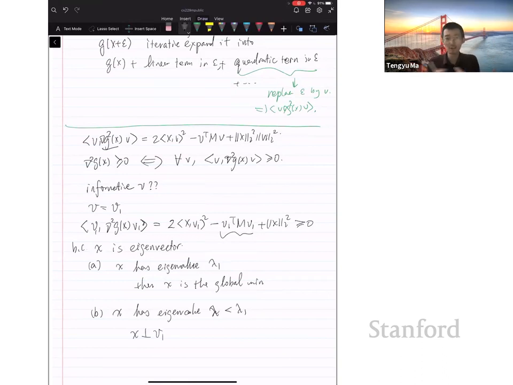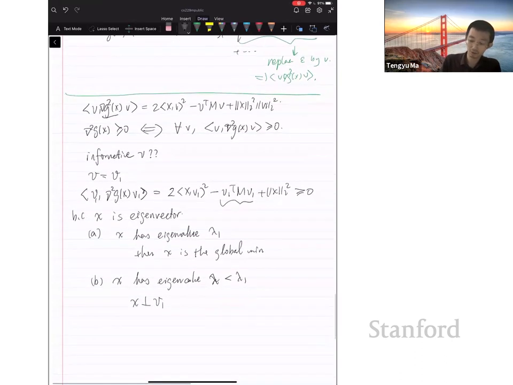There's no guarantee that two eigenvectors are always orthogonal, because they could have the same eigenvalue and be in the same subspace. But if they have different eigenvalues, then they have to be orthogonal. So that's why x is orthogonal to v1.